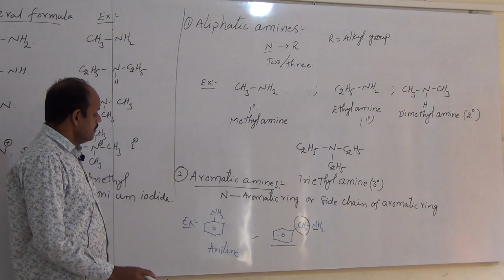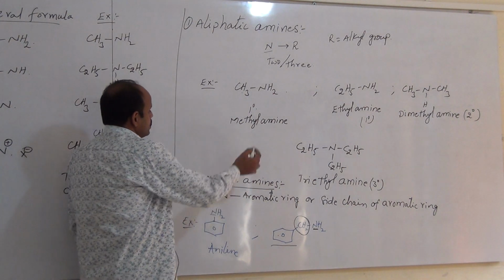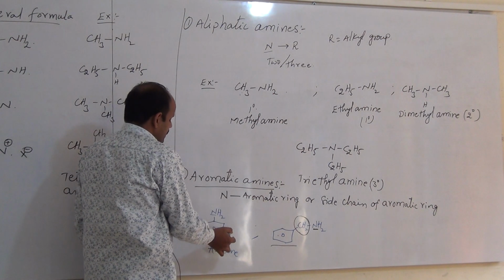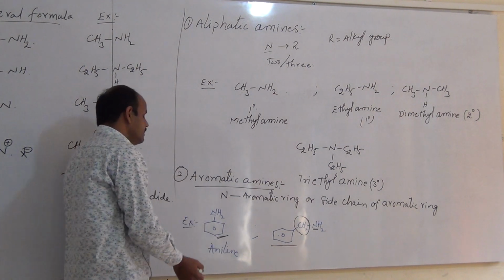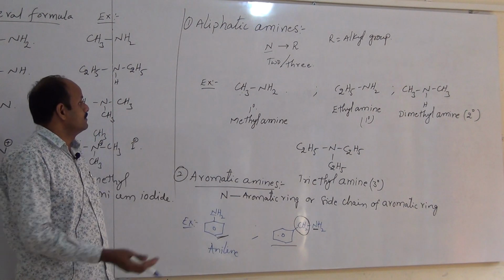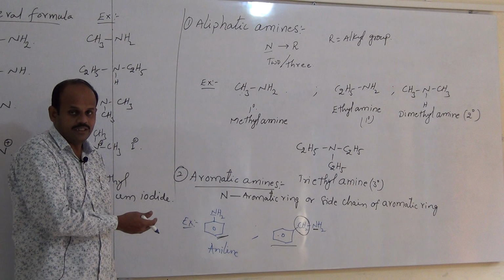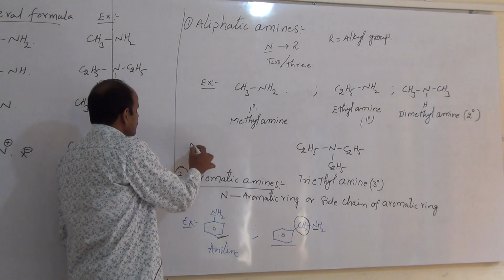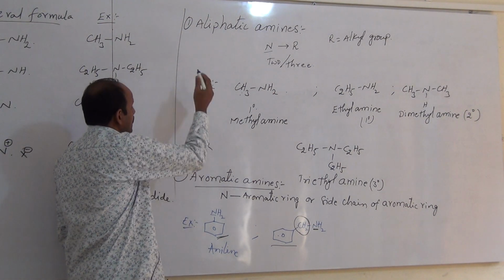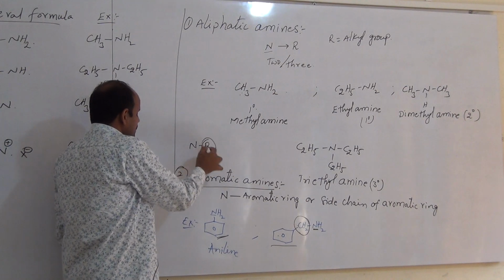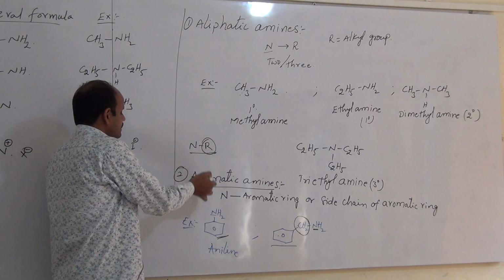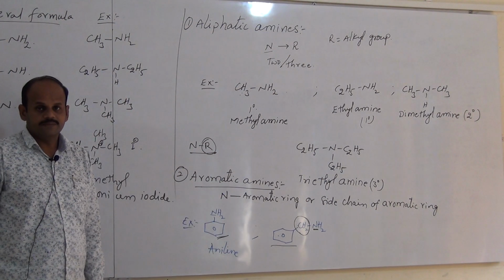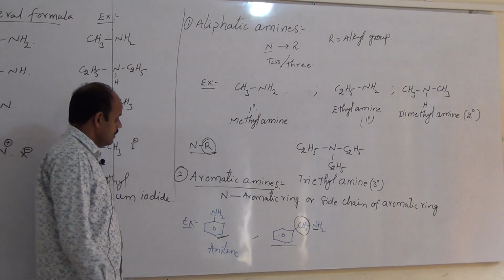Thus, whether nitrogen atom is attached to alkyl group or aromatic aryl group, these are classified into two types, aliphatic and aromatic. If nitrogen atom is directly attached to alkyl group are called aliphatic. If this R is aryl group, it is called as aromatic amine. Okay, is it clear?